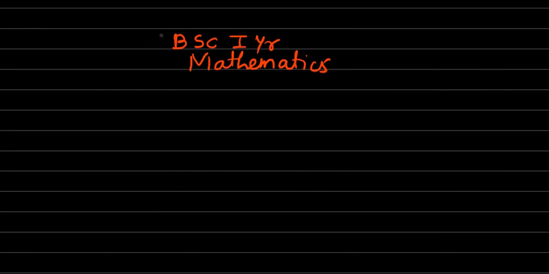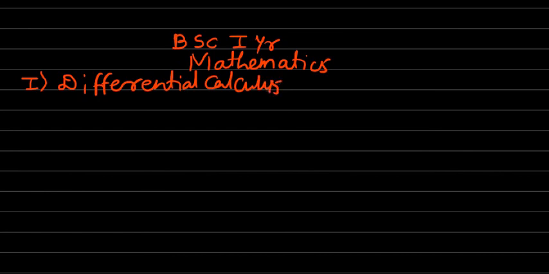In BSc first year Mathematics, you have studied two theory papers in semester first. The title of the first theory paper was Differential Calculus, and the second theory paper was Algebra and Trigonometry.